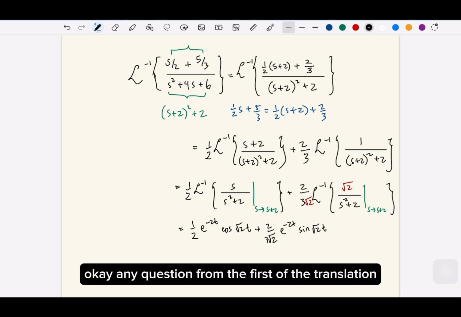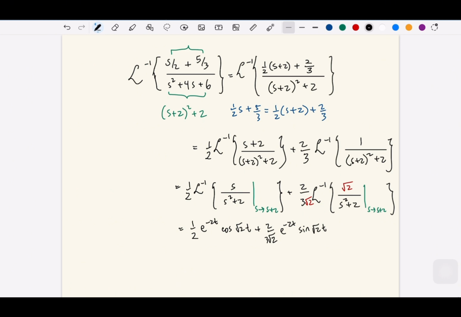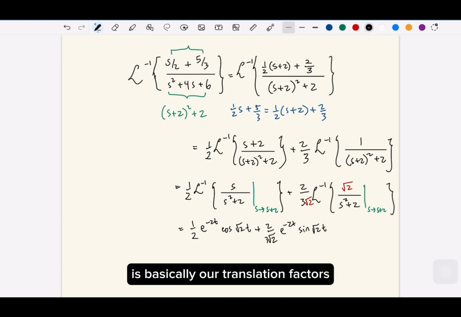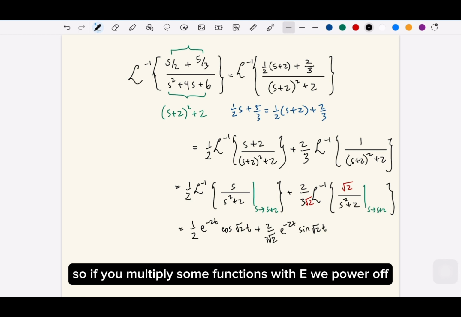Okay, any question about the inverse of the translation? Basically, the exponent that we have defined in the Laplace is our translation factor. So if you multiply some function with e to the power of at, it means you are shifted by a units.